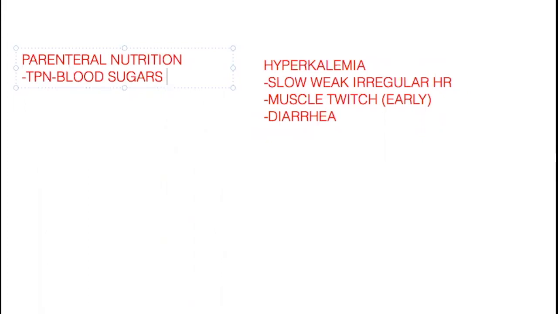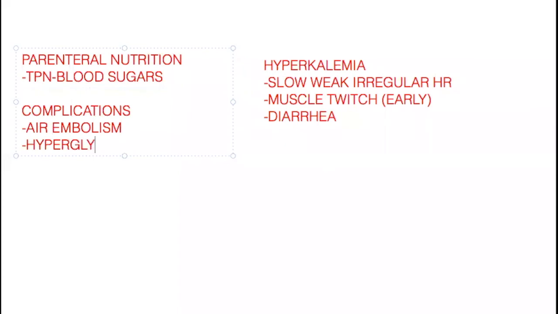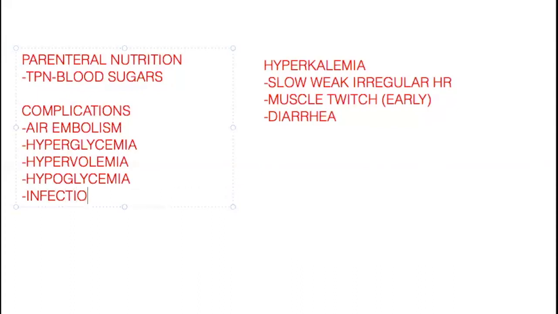With any type of parenteral nutrition, complications that are seen: air embolism, hyperglycemia, hypervolemia, hypoglycemia, infection, pneumothorax. These are complications in parenteral nutrition.